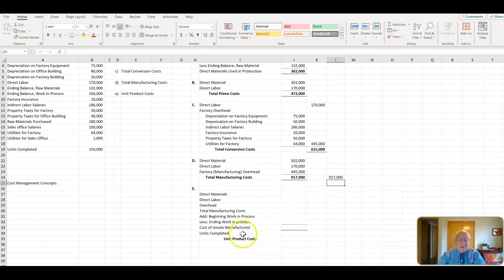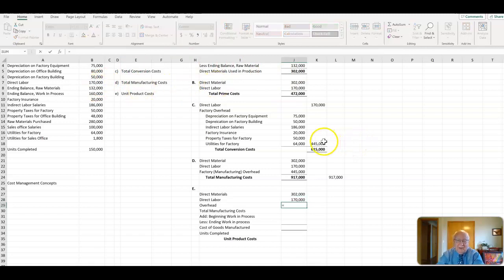Okay. Now, cost of goods manufactured. We start with the direct materials, which we just calculated at 302. We have direct labor, which is 170. Overhead, which is factory overhead, is 445, which we then add up, and we already know the answer for that is 917 because we just calculated it. So you could have started with that one, but I wanted to do it.